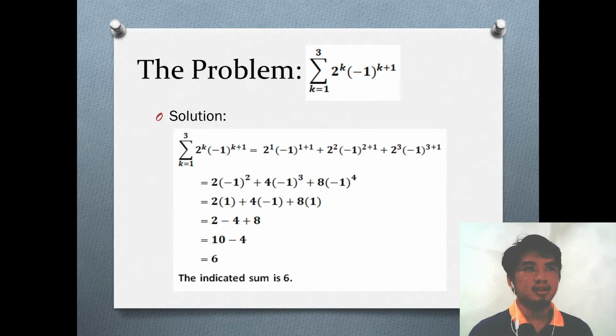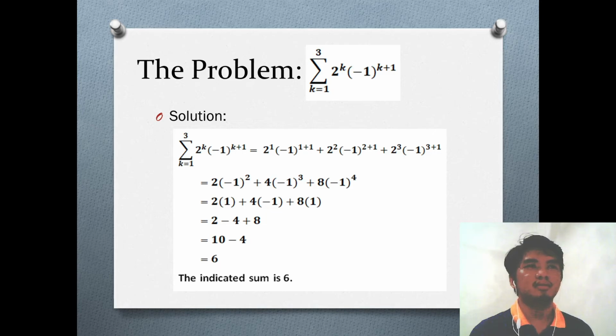So 2 to the power of 1 multiplied by negative 1 to the power of 1 plus 1, plus 2 to the power of 2 multiplied by negative 1 to the power of 2 plus 1, plus 2 to the power of 3 multiplied by negative 1 to the power of 3 plus 1.